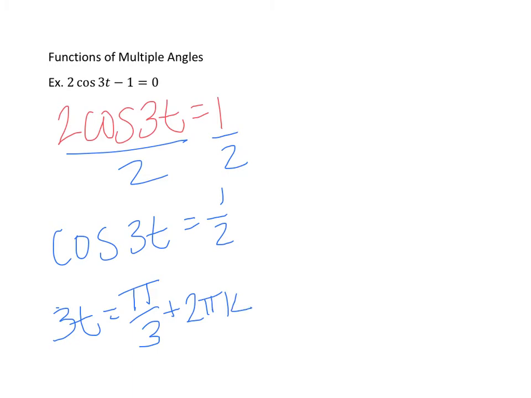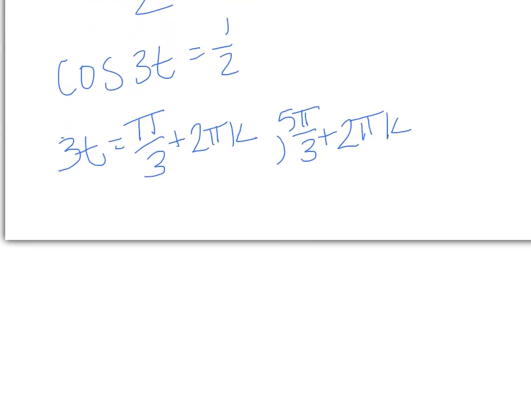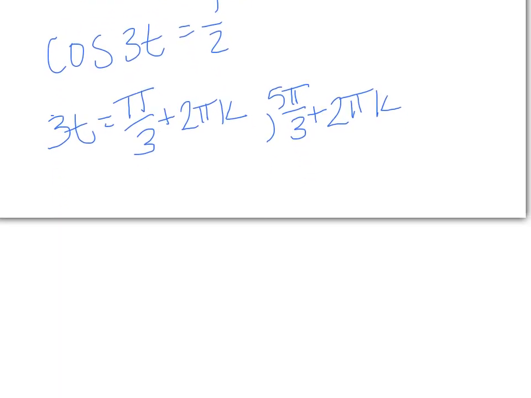And let's see, what other quadrant am I in? Quadrant 4, so that's going to be 5 pi over 3 plus 2 pi k. And the answer is what I divide by 3, which in this case dividing by 3 means multiplying by a third.